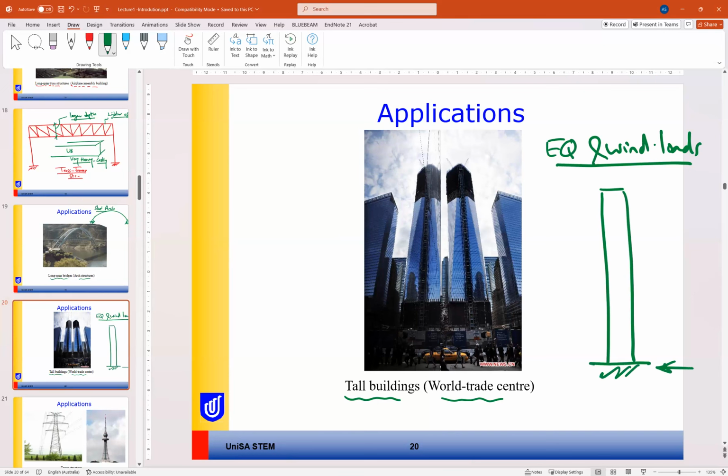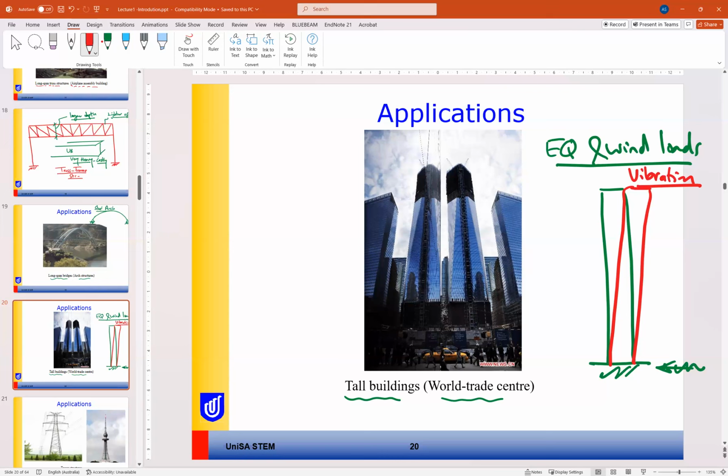If you have any earthquake or any wind, the building will vibrate too much, so you need strong or high strength elements to resist this vibration and this drift.